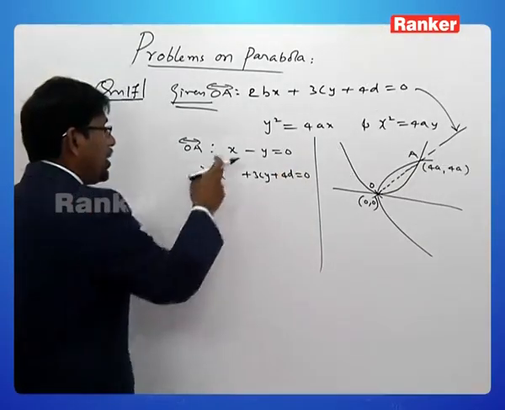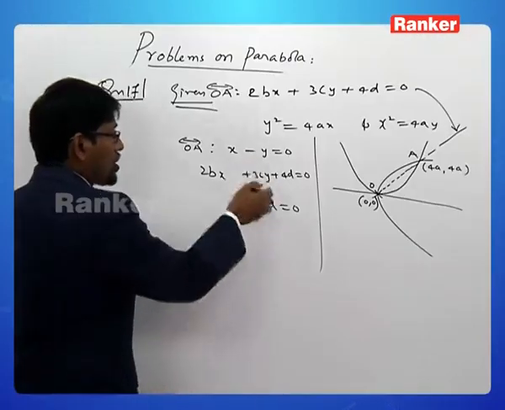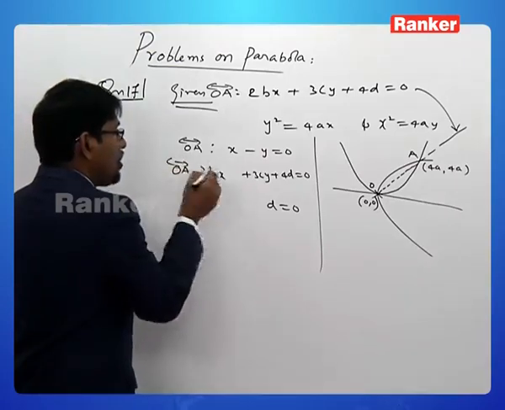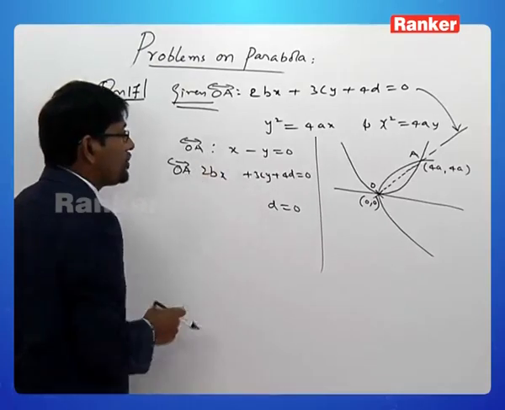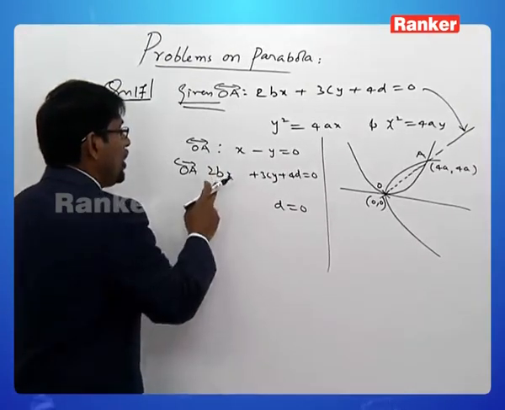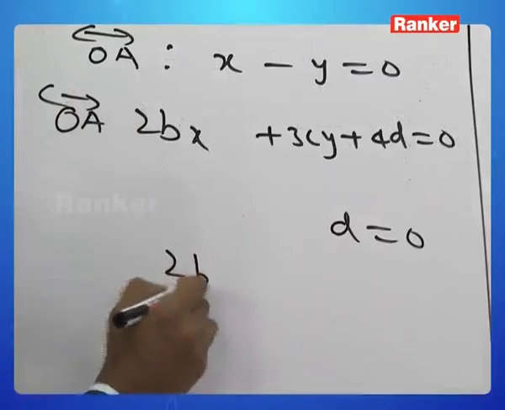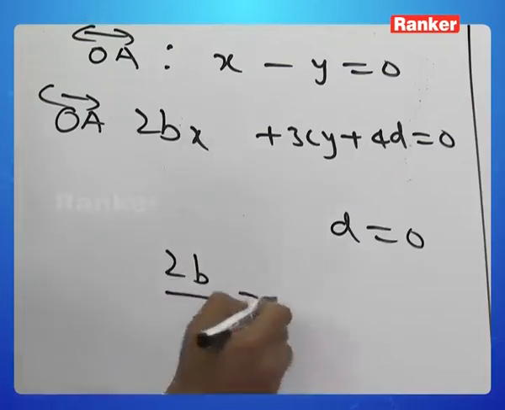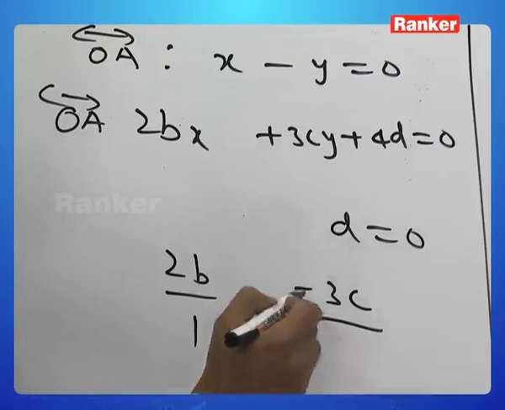So clearly from here your d must have been 0, because these two represent the same line. So d must have been 0. And what can I say here? We must have 2b by 1 is equal to minus 3c by minus 1.